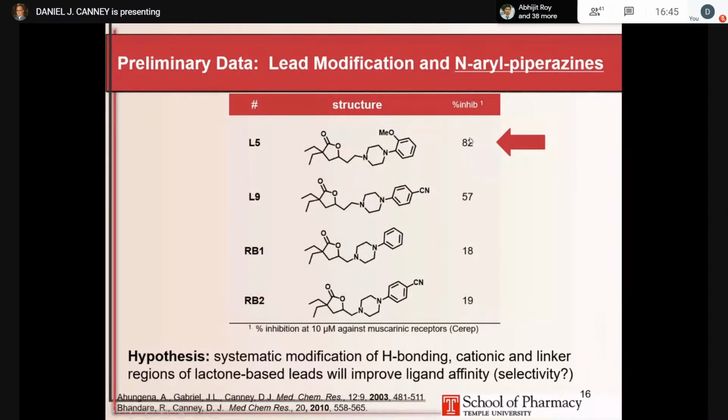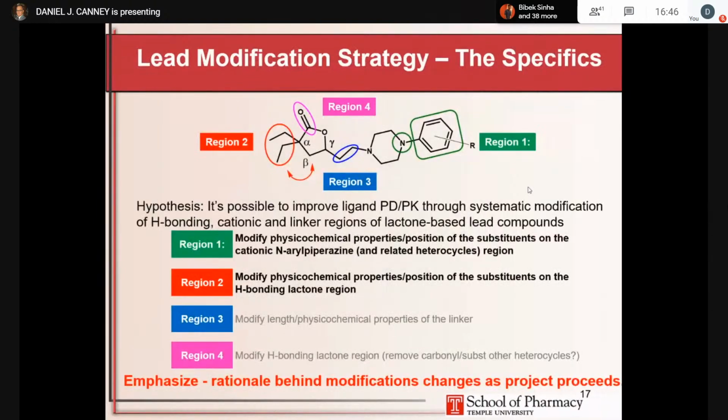This is 82% inhibition. So we took that as a positive sign. We went ahead and thought that we'll look at these molecules, and maybe through some lead modification we can come up with some M5 selective ligands. So that was our ultimate goal. And what I want to talk about is how we went about doing that.